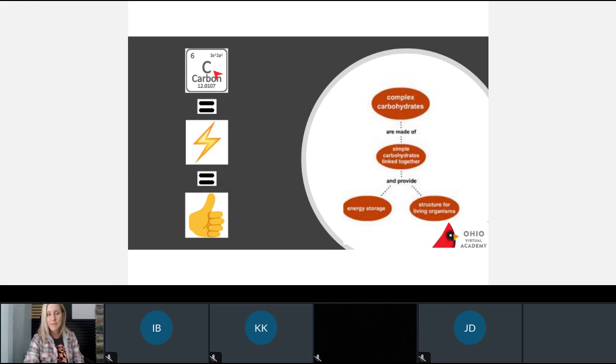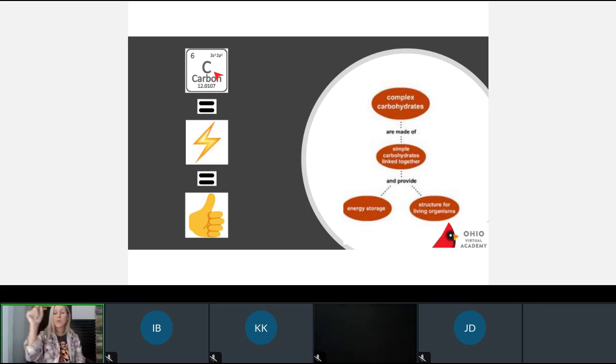Carbon. All right. It is the base of a carbohydrate. What do carbohydrates do for us, guys? You're 100% right. The number one energy source for each and every one of our bodies is carbohydrates. Okay? This is exactly what our bodies need to feel energy.